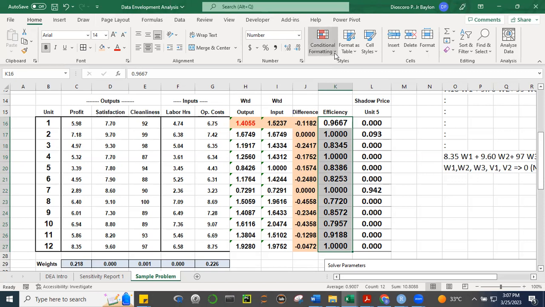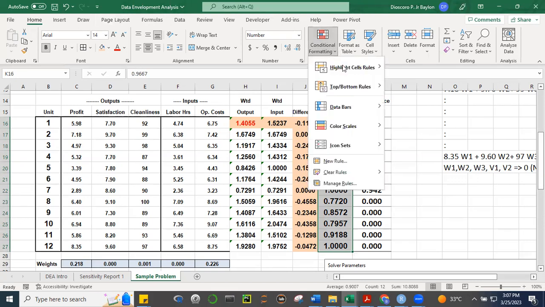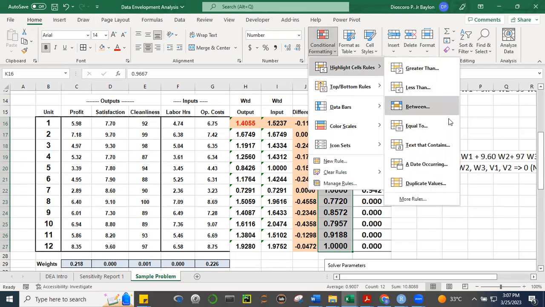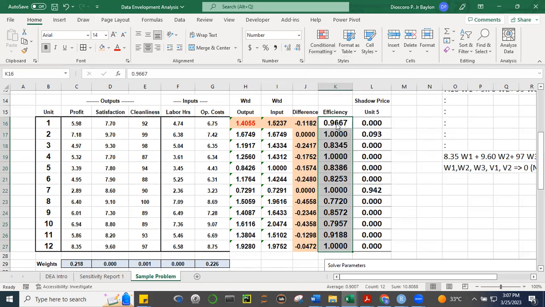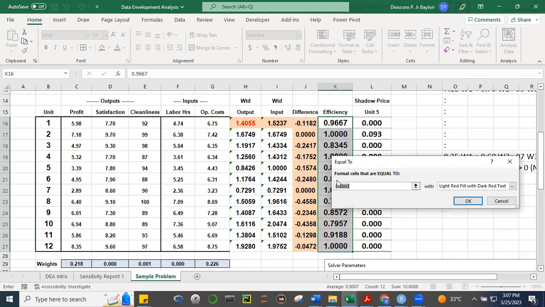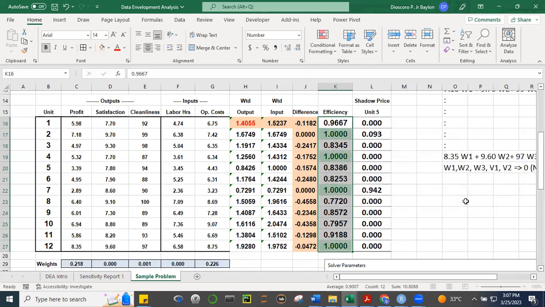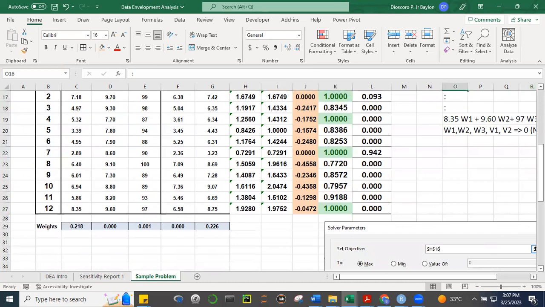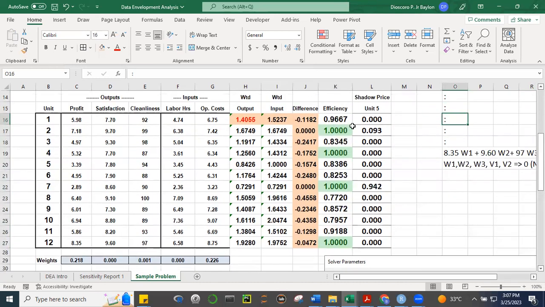So these are our efficient units. Their efficiency is equal to 1. 1, 1, 1, 1. So four.